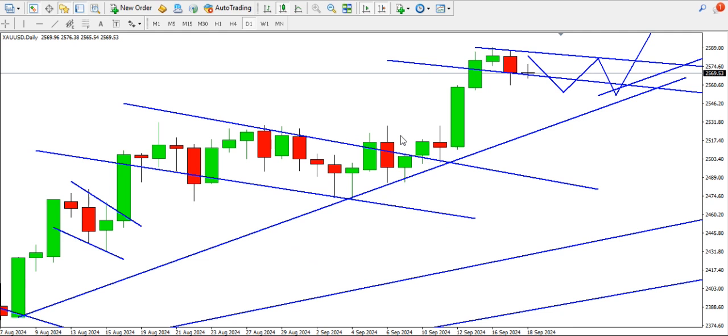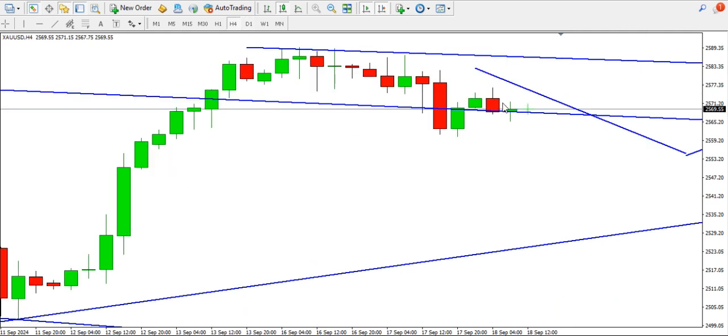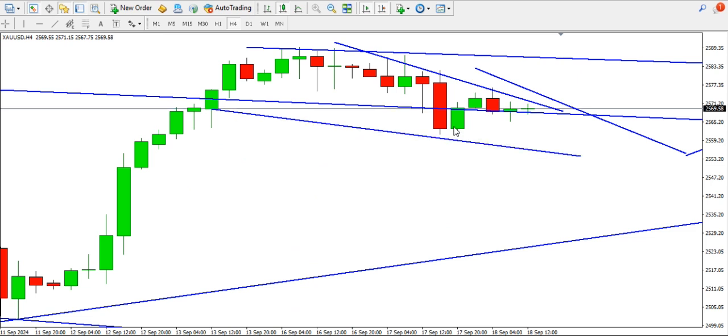On the 4-hour time frame, price is ranging as expected. Bears will push price towards a particular level before the bulls come in. But for now, the bulls might have come in around here to push price up.